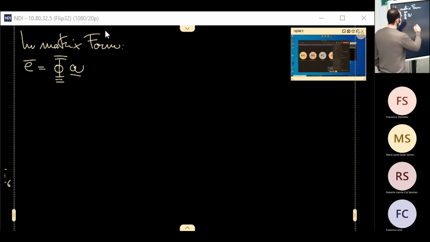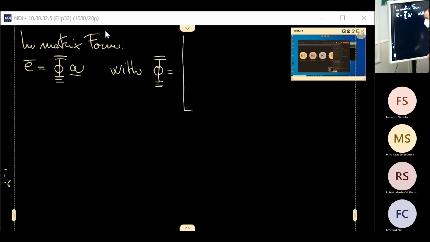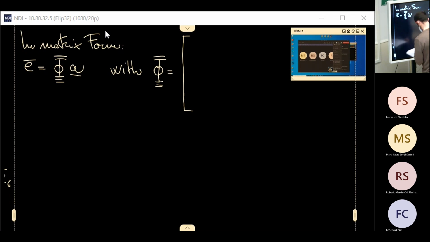Again, with this matrix, in this case, is the following. It's 1, 0, 0, 1, 0, 0.